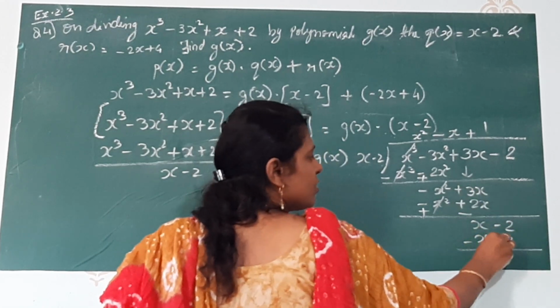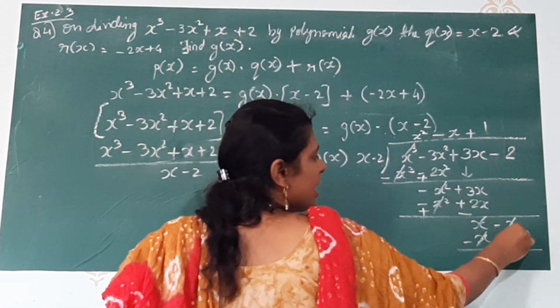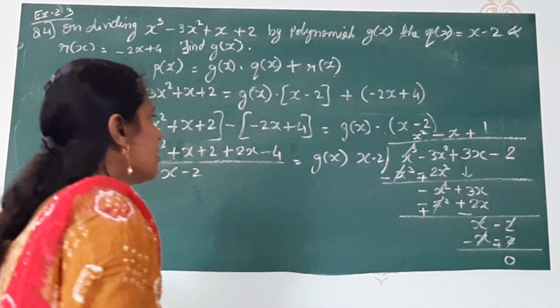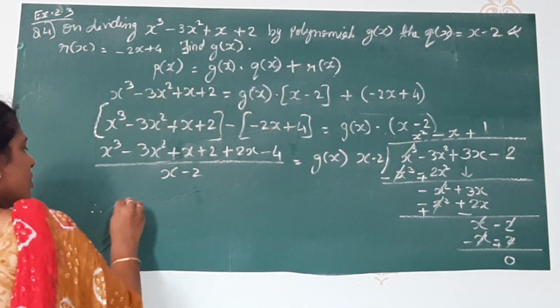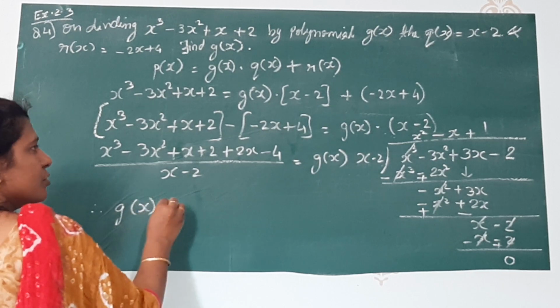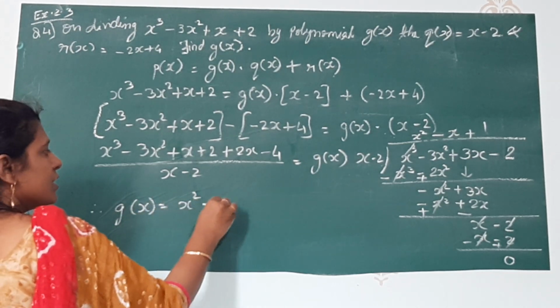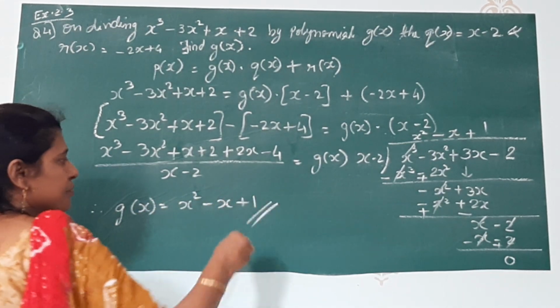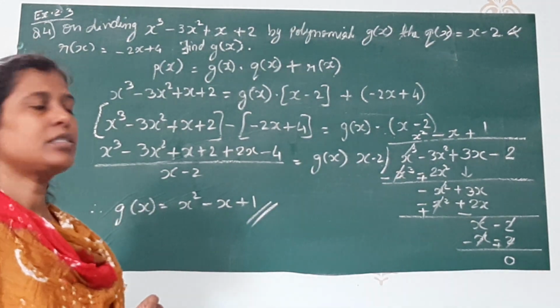Now sign change, this will become minus and plus, eliminate, 0. Okay, so the final answer, therefore, g(x) equals x square minus x plus 1. This is the final answer.